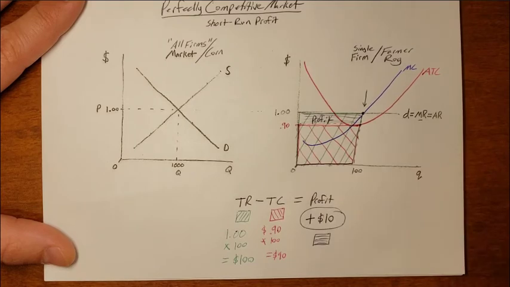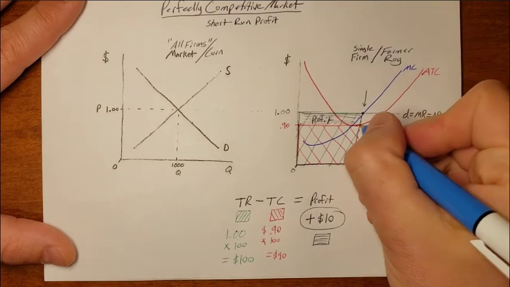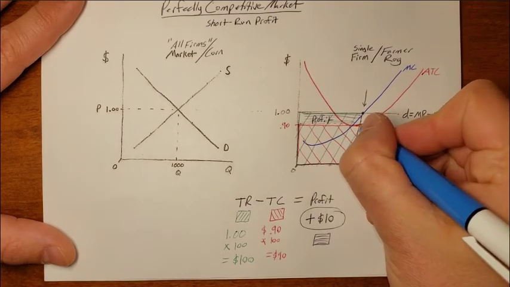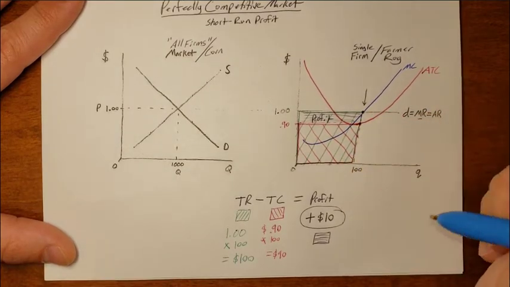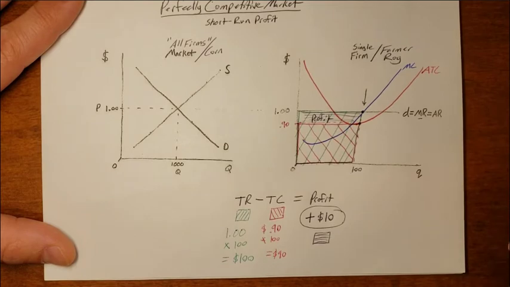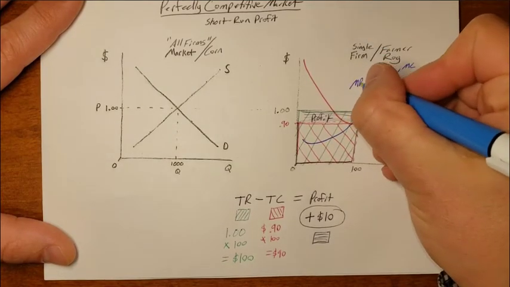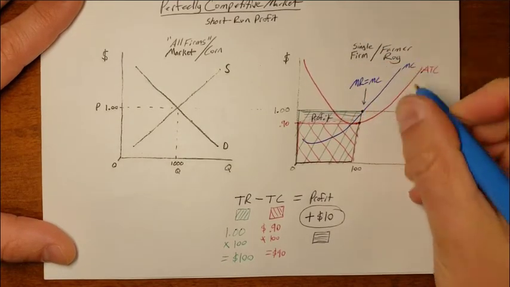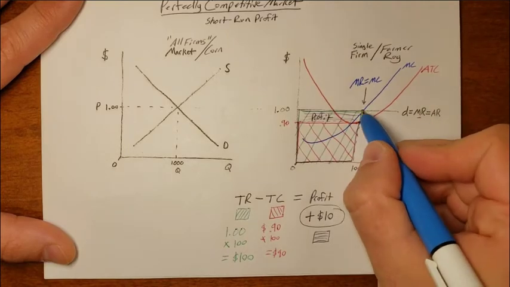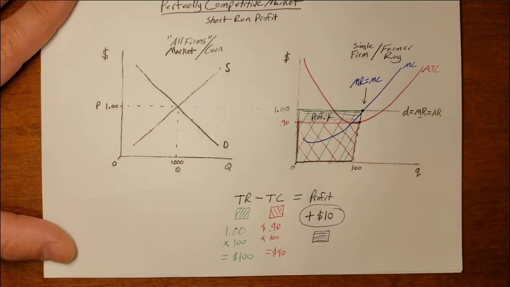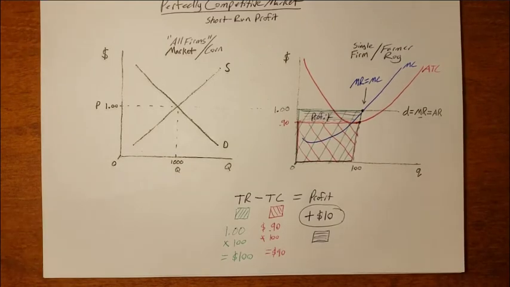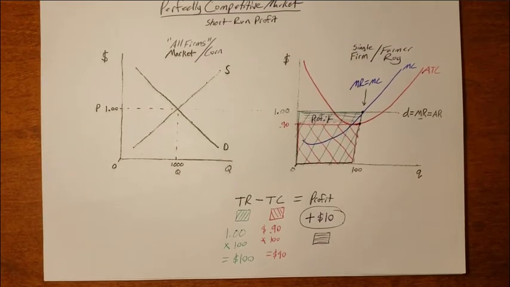Okay, a couple of quick points here. Remember that the cost is coming from right here, at the quantity that we're producing, which is, of course, where the marginal revenue equals the marginal cost. So we have the marginal revenue here and the marginal cost also right here at this quantity of output.